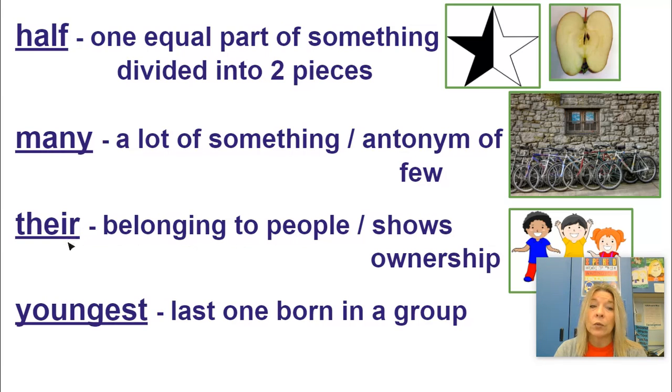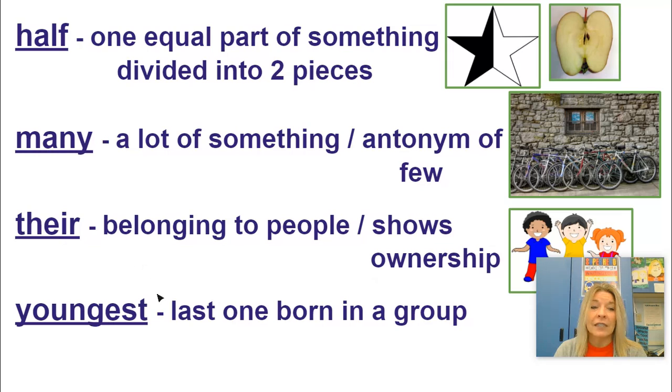So when I use the word their, I might say their class is working very quietly. So it's showing ownership. That class belongs to those people that are in there. Or their new car is silver. So the family that owns the new car, it's their new car. That's a tricky one.